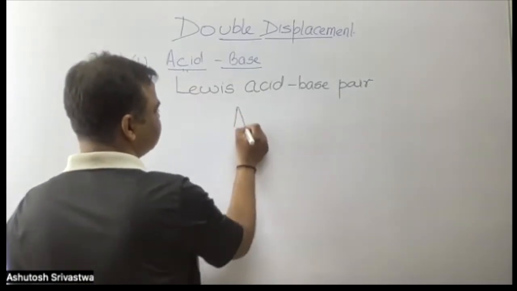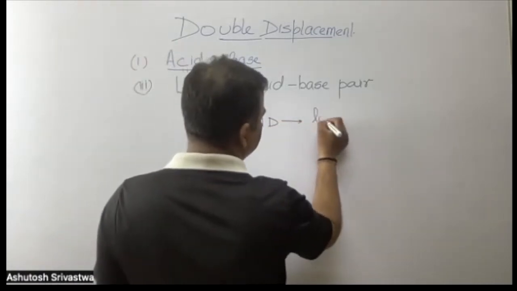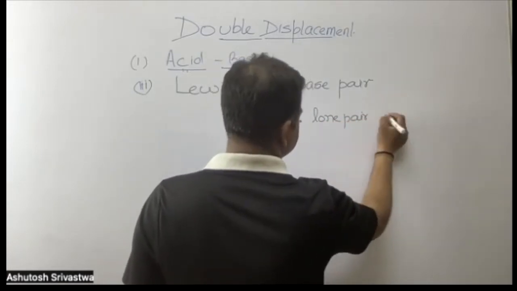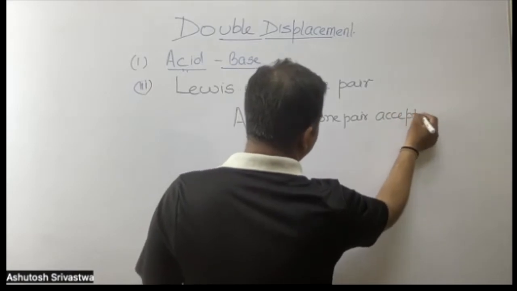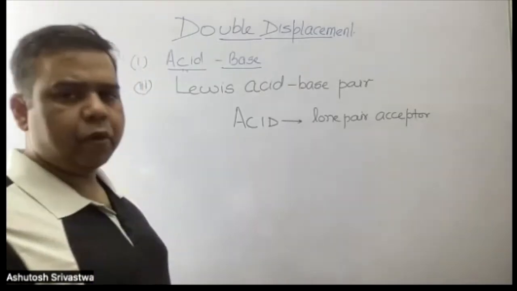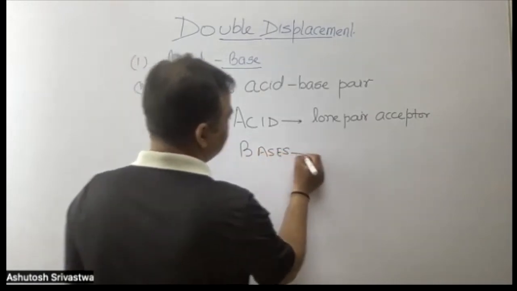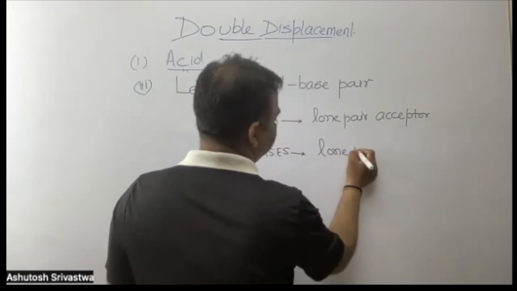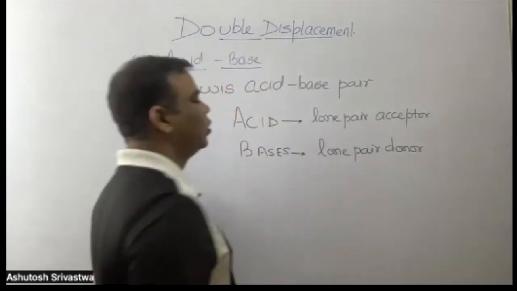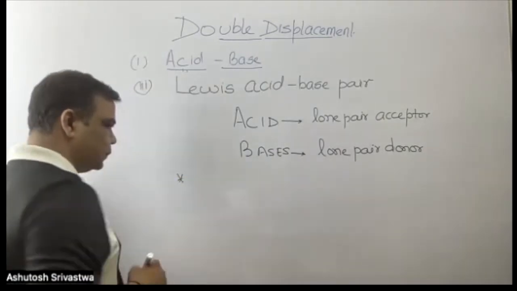Here, acids are regarded as lone pair acceptor. Lone pair means non-bonded electron pair. Non-bonded. That is, they are not a part of any bond. And bases are regarded as lone pair donor. Lone pair donor. Okay.